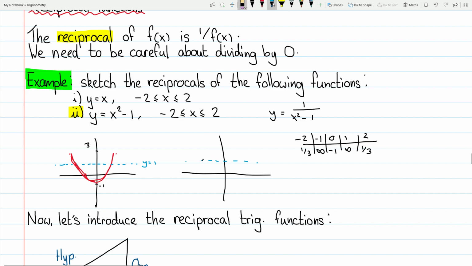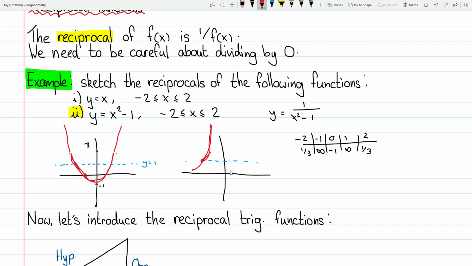So what do I mean? Here, we're getting larger and larger and larger, and so when you divide by a very big number, you get a very small number. But as you get closer to this point, notice how anything divided by 1 is just itself. And as we get close to 0, we're then dividing by a smaller and smaller number, which then shoots off to infinity because we're about to divide by 0.